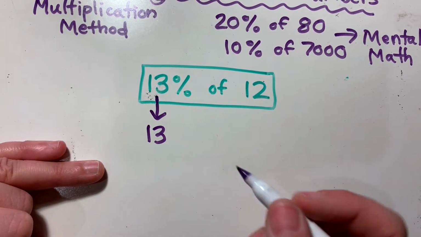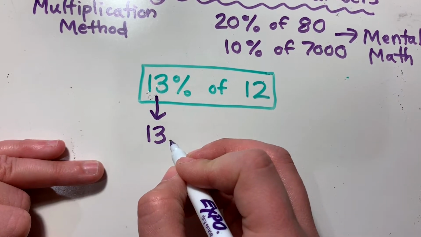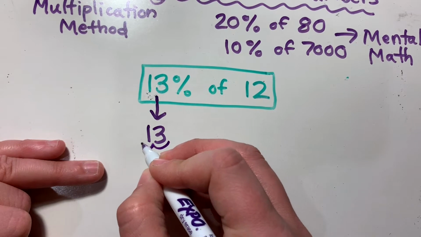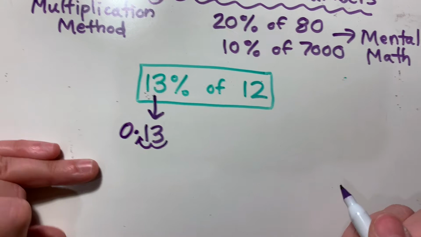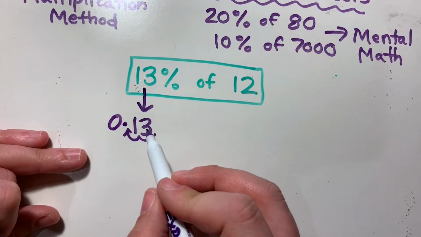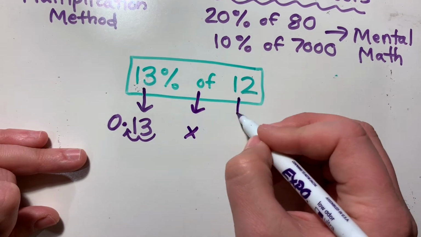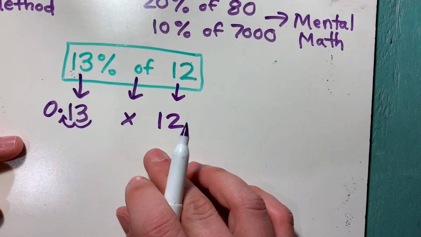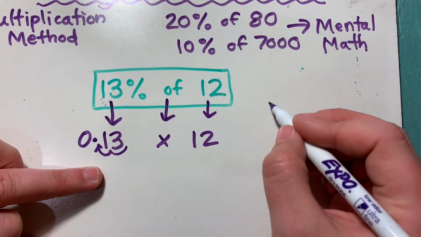So 13% written as a decimal, I'm going to divide by 100. I move the decimal over once, twice. So 13% as a decimal is 13/100ths. That word "of" means we're going to multiply, and then I just multiply times 12. So to find 13% of 12, I'm going to multiply 13/100ths times 12.